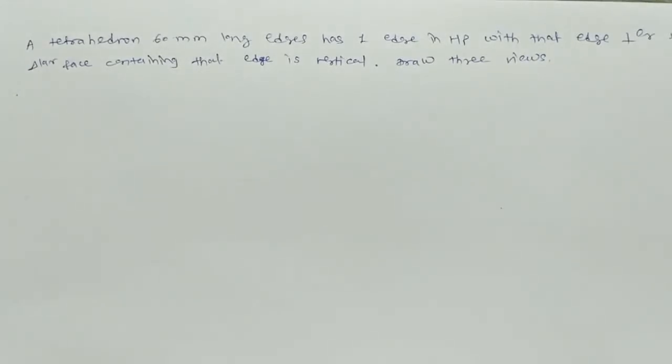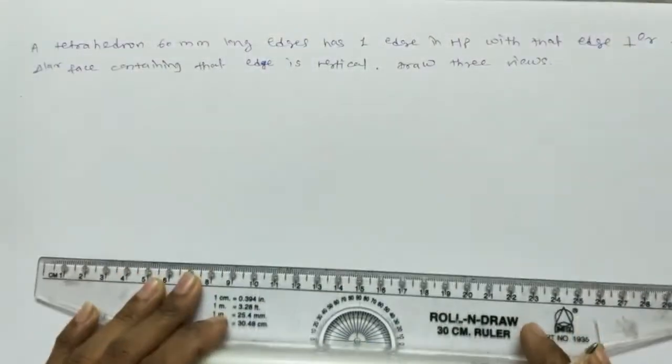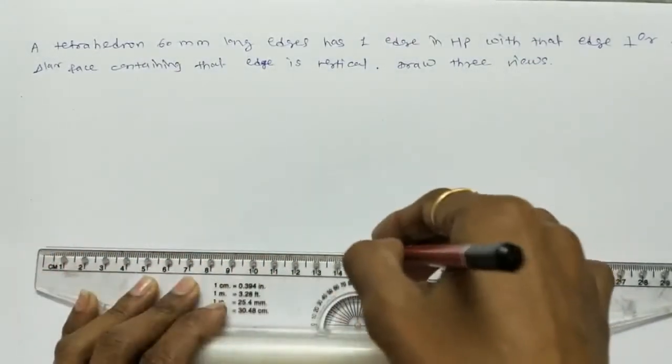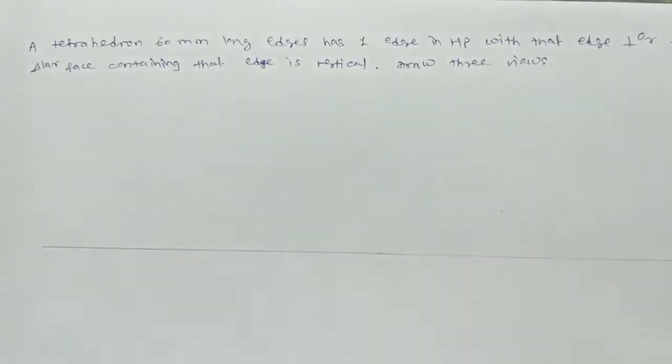So as it is given that the base edge of the tetrahedron is on HP, we will assume it is standing on HP with one of its base sides perpendicular to VP. First of all, draw horizontal line XY, like this.